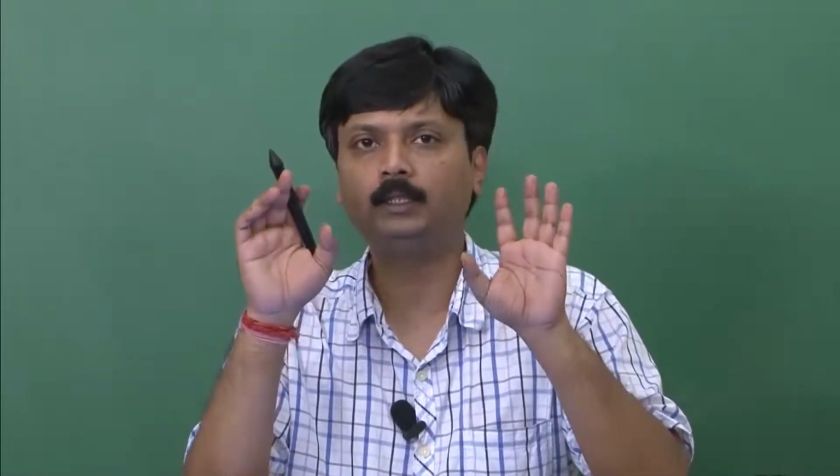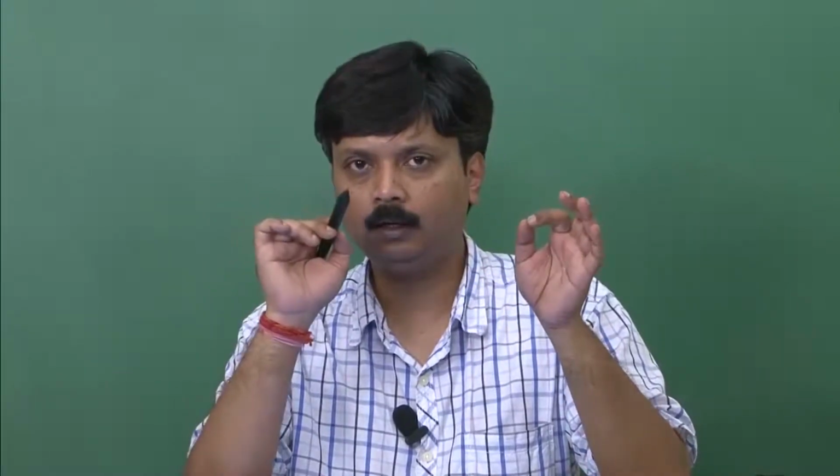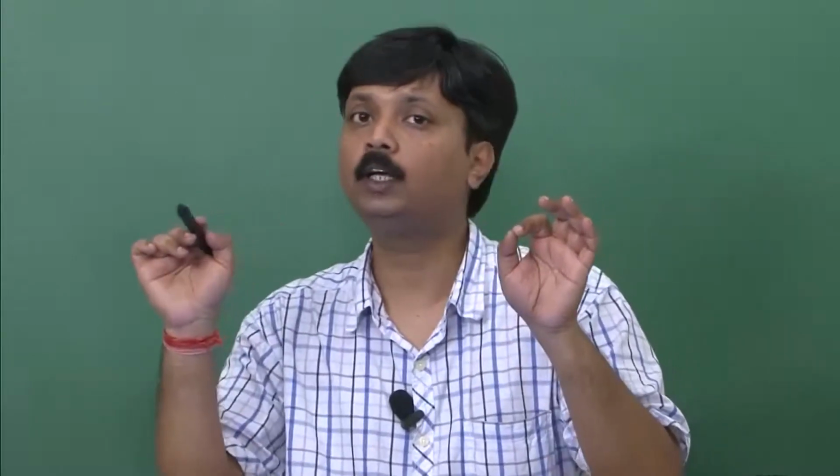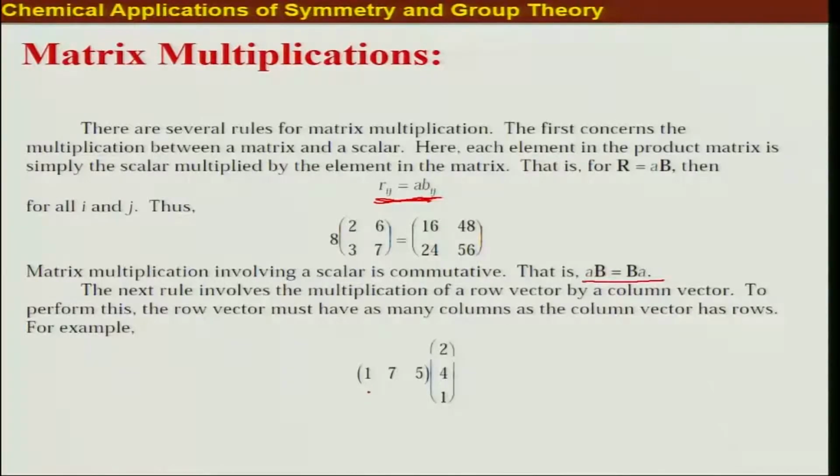So you can have this multiplication only when the row vector has a number of columns equal to the number of rows that the column vector has. That is shown by an example here. Here this is a row vector that has 3 columns, and it can be multiplied with a column vector that has 3 rows.